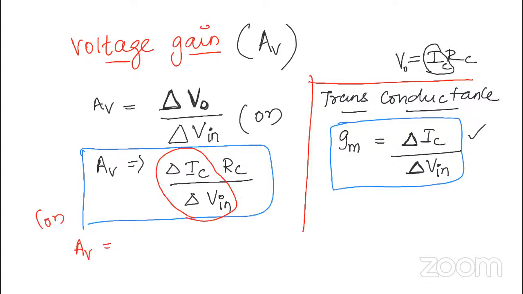So இதுல இருந்து one more formula for AV க்கு நம்ம எழுதுறோம். That is AV is equal to GM into RC அப்படின்ட்டு ஒரு ஈக்குவேஷன் இருக்குது. ஓகே, சோ இது எல்லாமே இம்பார்ட்டண்டா இருக்கக்கூடிய ஃபார்முலாஸ் ஃபார் calculating the input resistance, output resistance, current gain, voltage gain and transconductance.